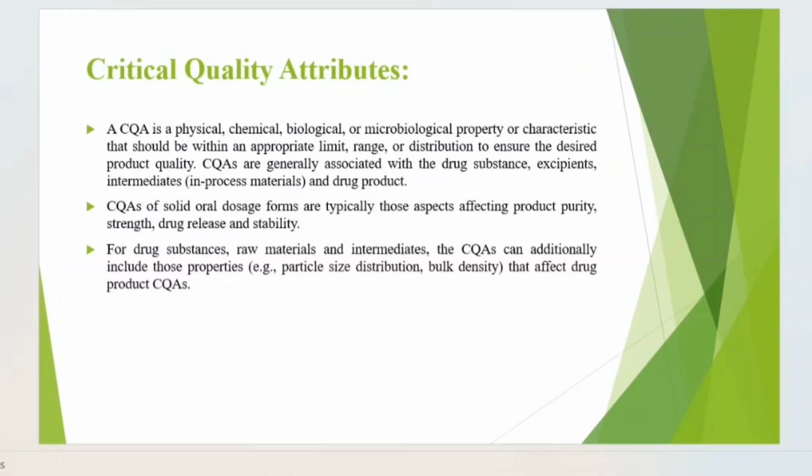For drug substances, raw materials and intermediates, the CQAs can additionally include those properties, example particle size distribution, bulk density, that affect drug product CQAs. So these are the CQAs of API or intermediates which can influence the drug product quality.